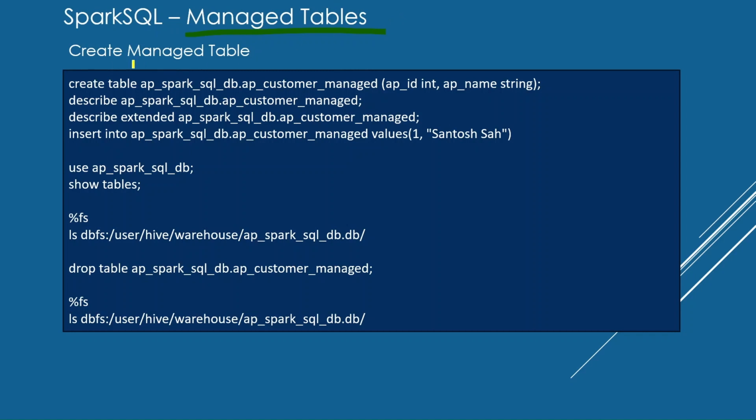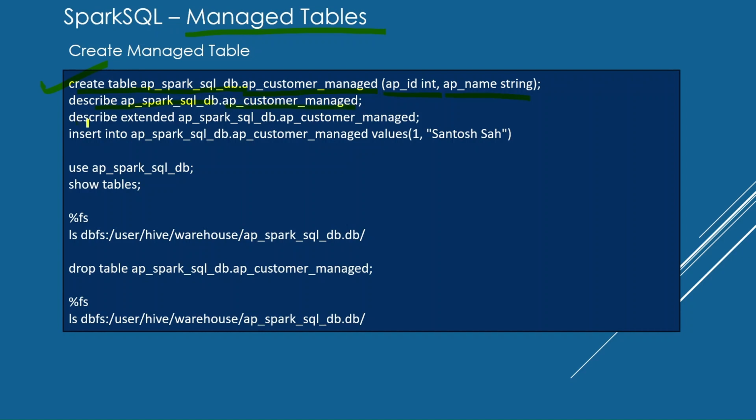What I'm going to do is create a table with the help of a create table command. This is the database which we have created. I'm going to create AP customer managed in this database, providing only two columns, AP ID and AP name. We will see the metadata of this particular table.